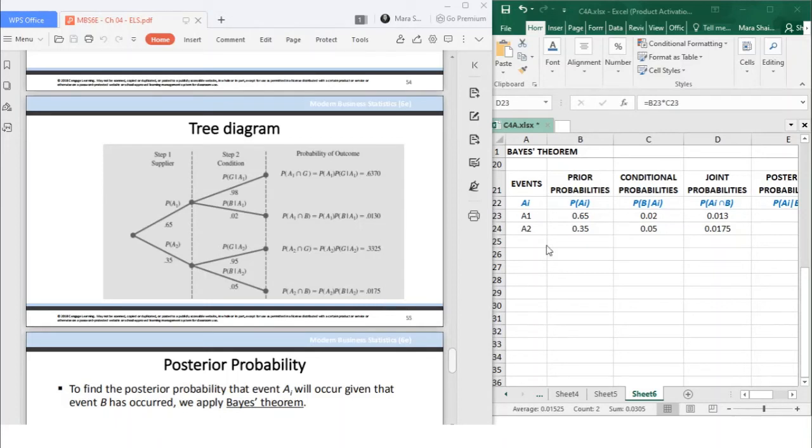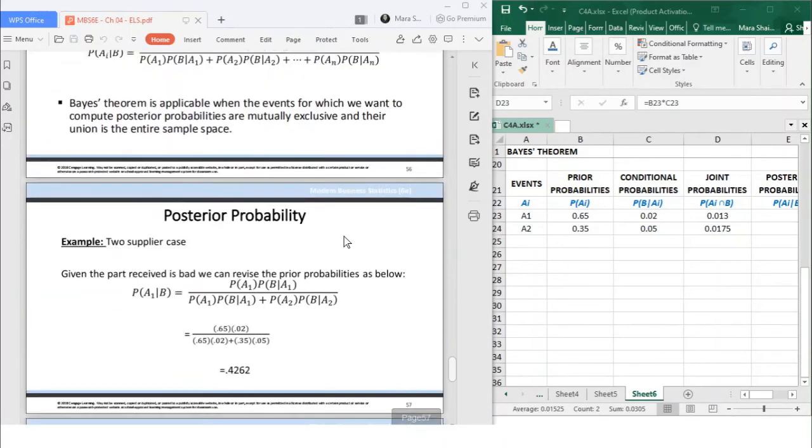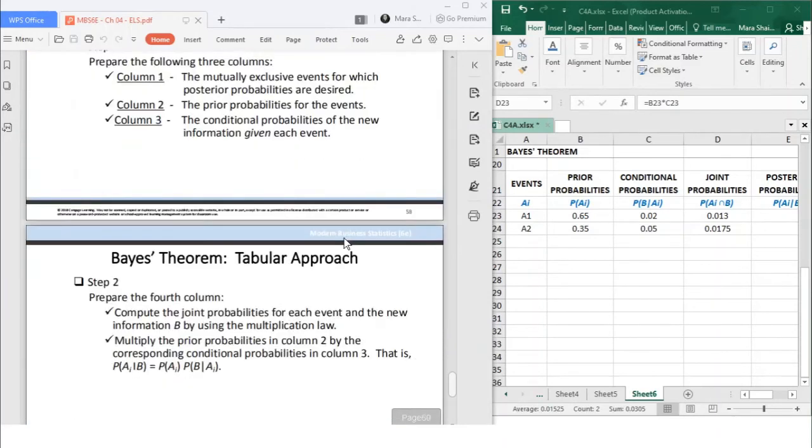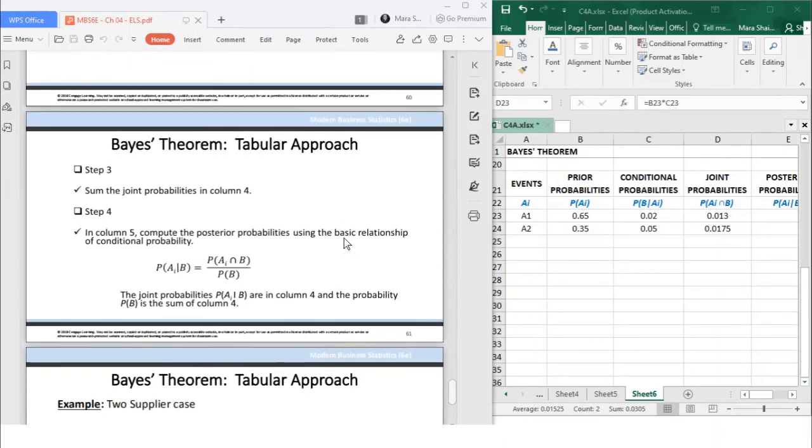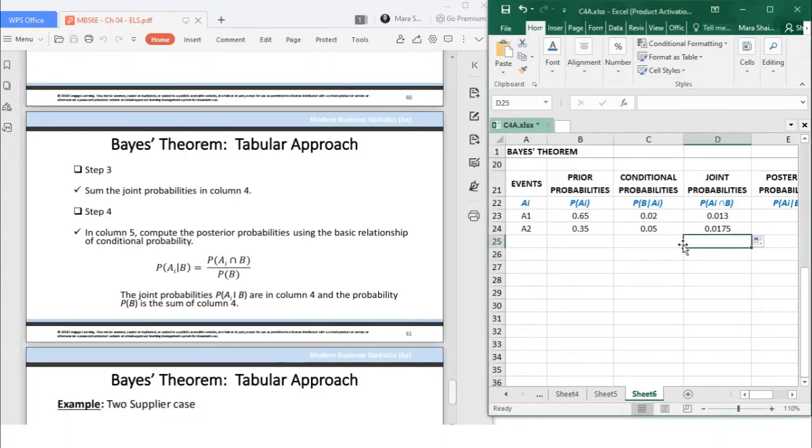Di ba? Ang prior probabilities is this column, makita sa first step. The conditional probabilities can be found in this next step. Then, your joint probabilities can be found in this column. So, kana na. Now, sa posterior, step 3 is to sum the joint probabilities in column 4. So, isum nato ang joint probabilities. So, we have 3.05%.